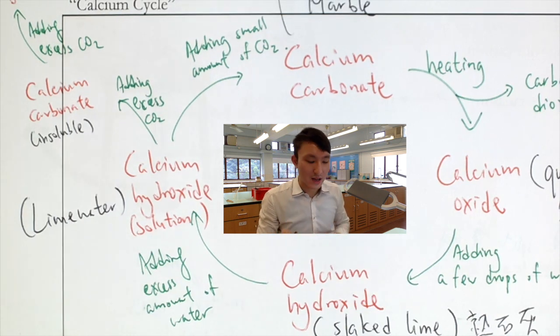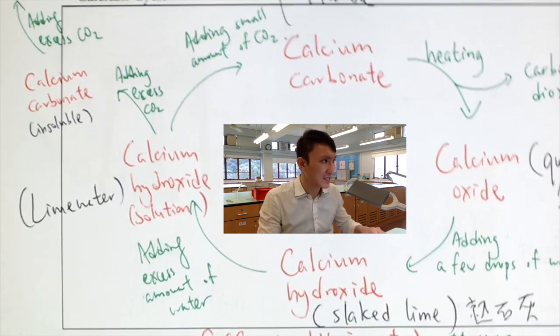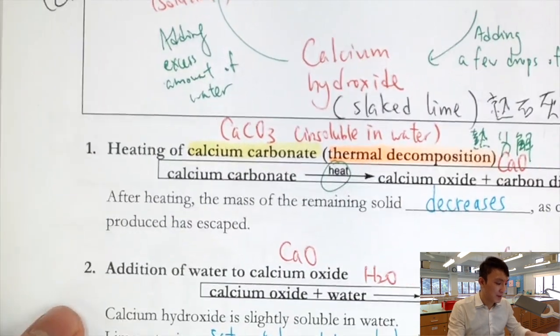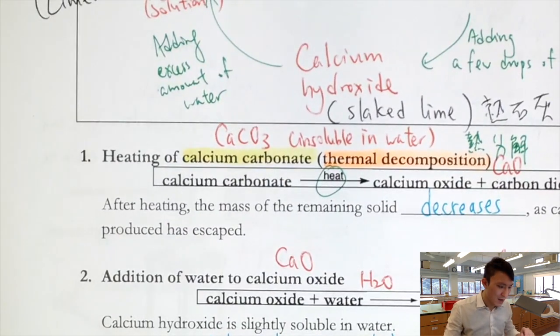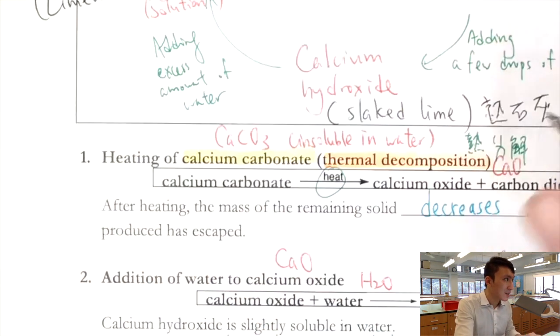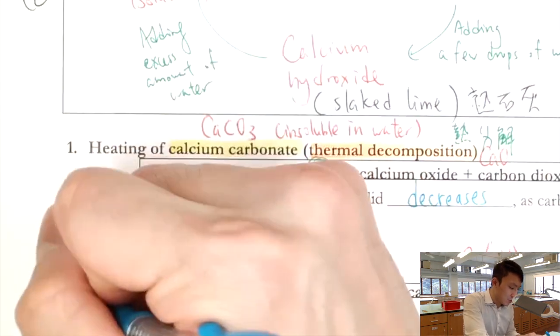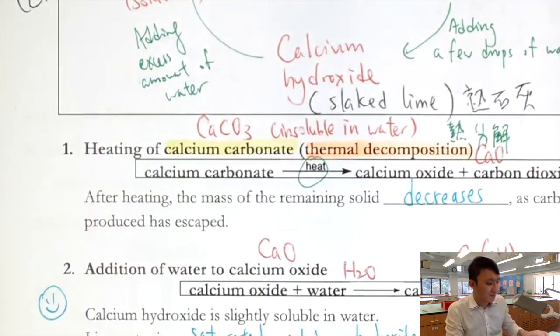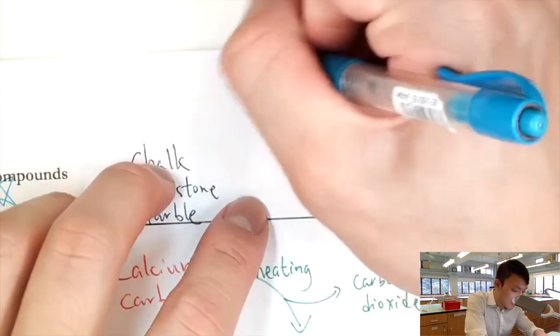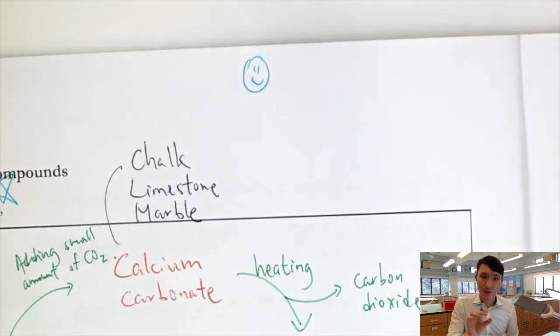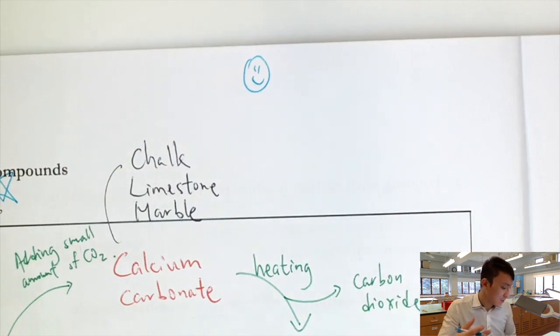But just one more thing I need to highlight to you, which is actually the second one. It's already very messy here, so let me draw a smiley face here. That means you have to look at this corner. There are some remarks I would like to add regarding the reaction between calcium oxide and water.